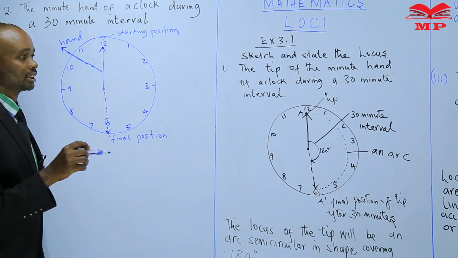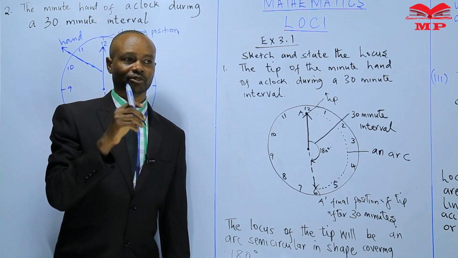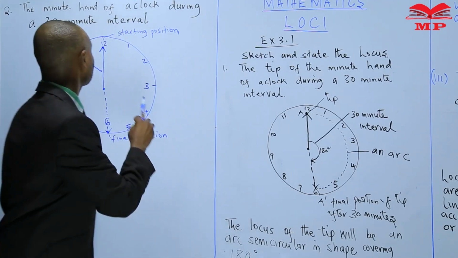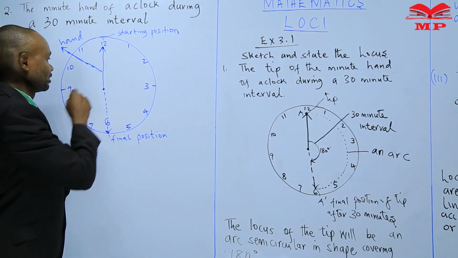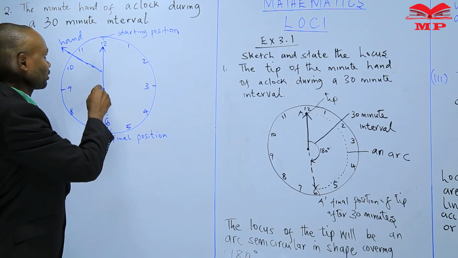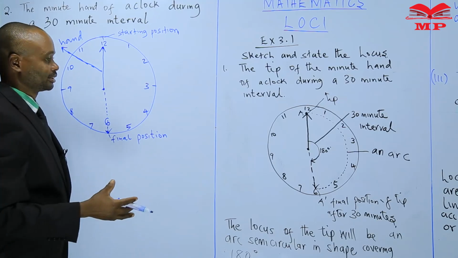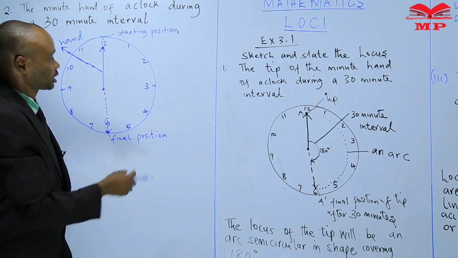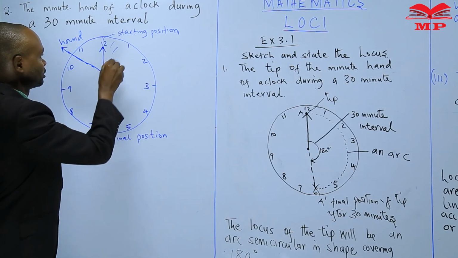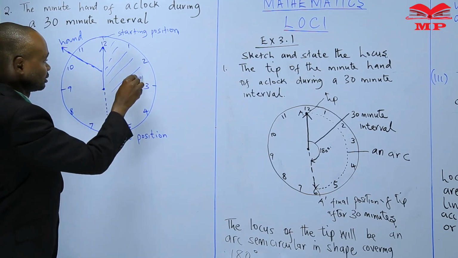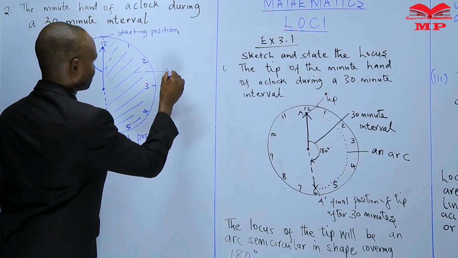So, as I said, you should be able to identify whether it is a line, a tip, or a region. So in my case, they are talking of the hand. That's why I've drawn, this is the hand. That is a line from the center of the clock up to the tip. So it is actually a line sweeping through. So it will not be the same as the tip. So if you look at this region, you'll have that region or area indicated as region.